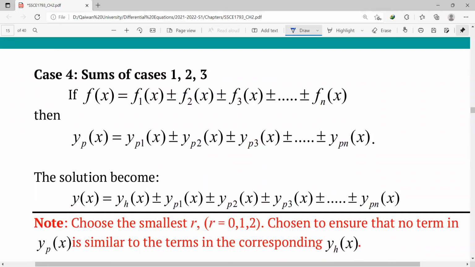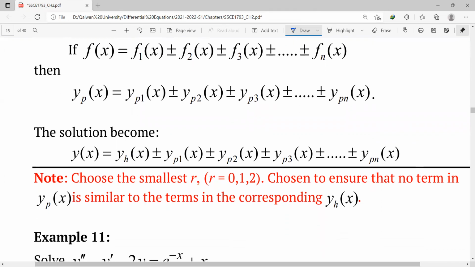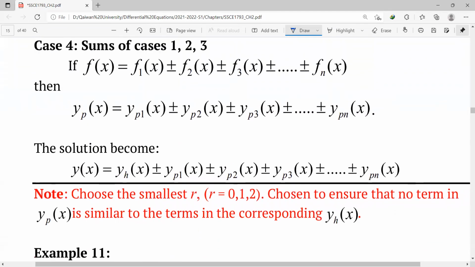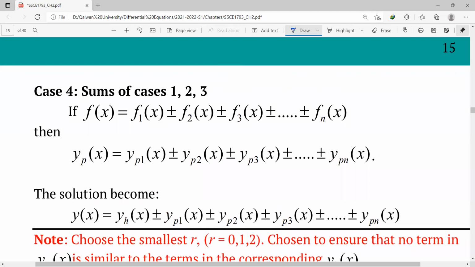Okay. Now we have the fourth case. Case 4, if we have the sum of the previous cases. In the previous cases, we talked about polynomial, exponential, and trigonometric functions, where the right-hand side is either sine or cosine, or both. If we have the sum of those cases, we have more than one particular solution.